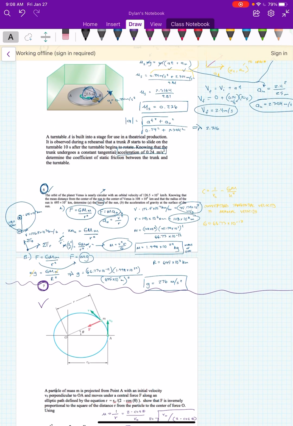So then I was able to plug in the mass of the Earth, the mass of Venus over R squared, and R squared was the radius between the center of the Earth.